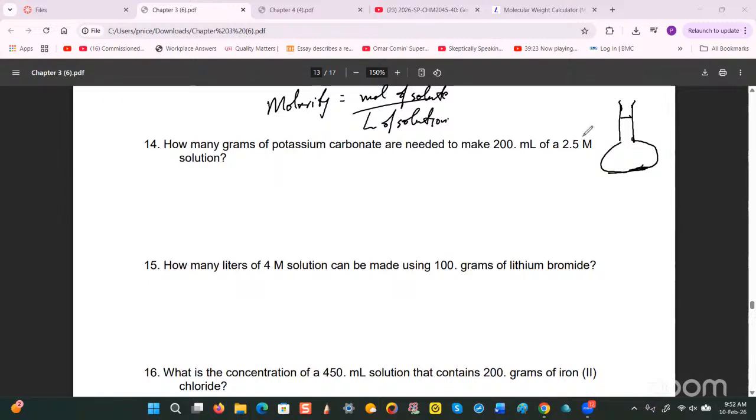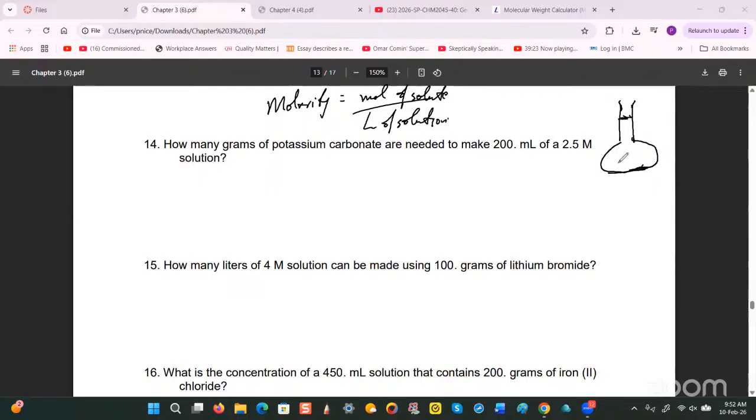And basically, they are very accurately made, and they come with a mark etched on the stem here, which represents a specific volume, right? So in the case of, let's say, a 100 ml volumetric flask, if you add liquid up to where the meniscus gets up to this point, then you know that you have accurately measured a 100 ml volume of that particular liquid, right?